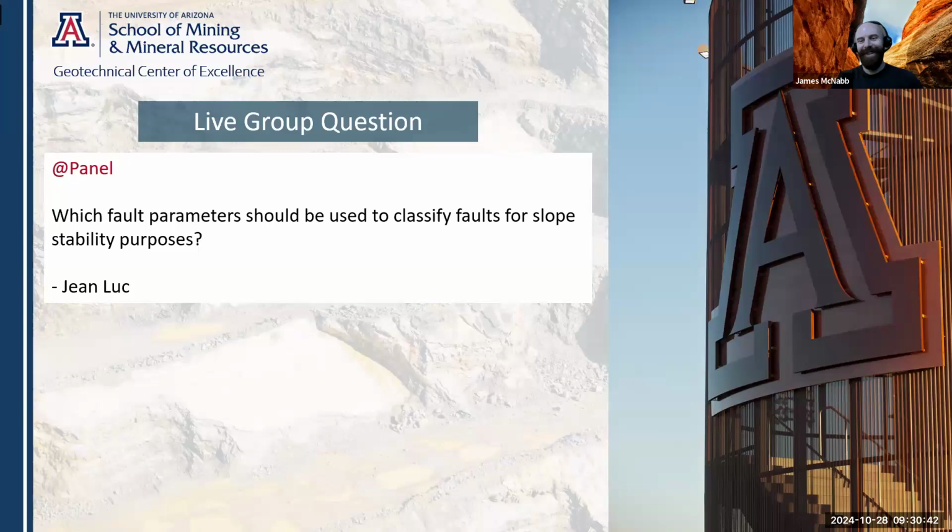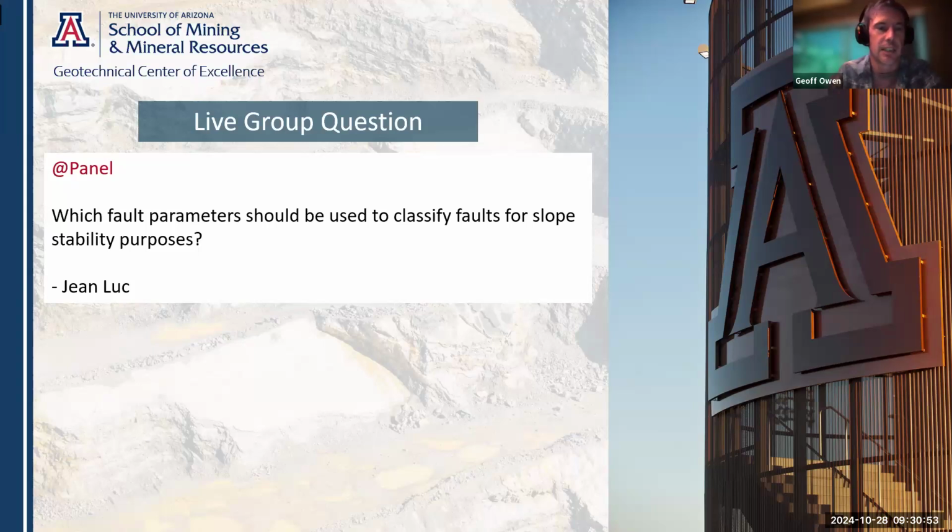Like this. I think just to dive into the actual details that you may be interested in collecting when you're mapping a deposit. Some of the options or ideas you could collect would be a fault core zone width. If you're looking at brittle structures, understanding what the gouge and brecciation is that's comprising that fault core zone, and the width of it. And then additional to that, what is the actual damage zone around that structure? Another parameter I think could be beneficial is understanding the persistence of that structure, how far reaching it is.